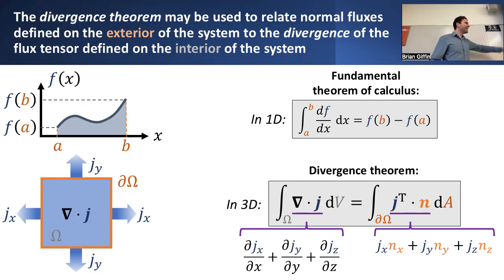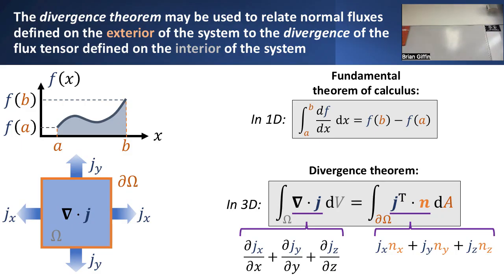So supposing I take this example of the mass flux problem, the divergence of the flux vector is really nothing more than the entry-wise sum of the partial derivative of the j component of flux with respect to x, plus the partial derivative of the j component of flux with respect to the y component of spatial position, and sum all those different components together. That gives me the divergence.